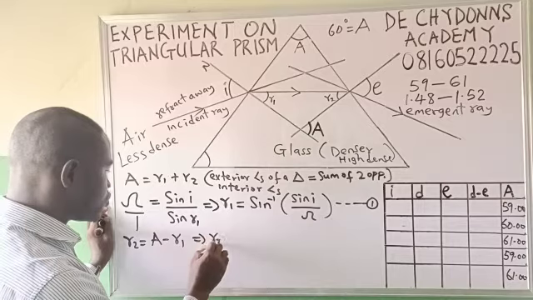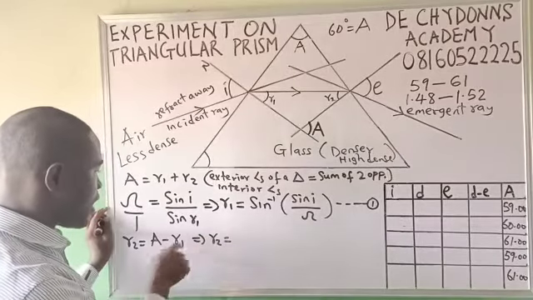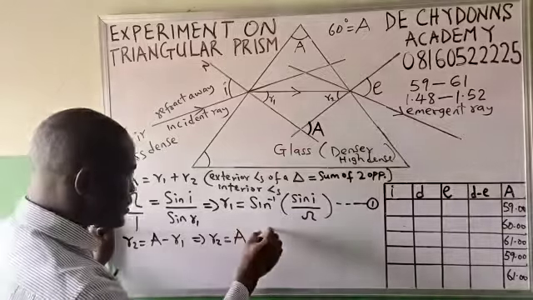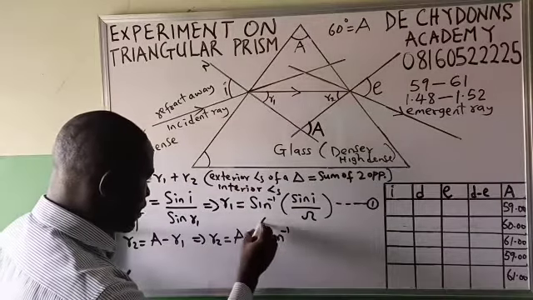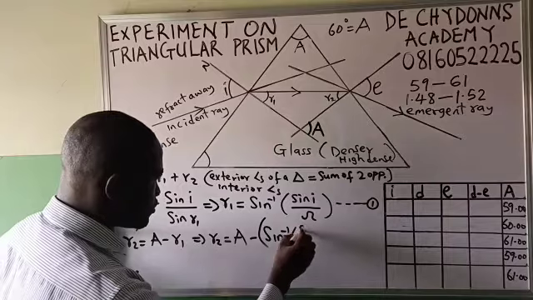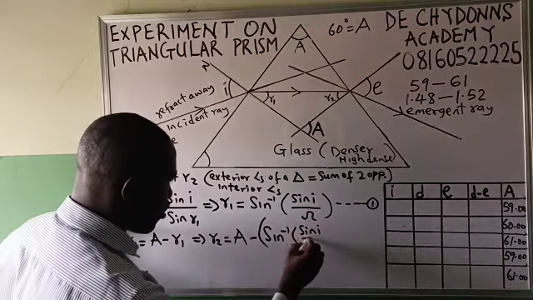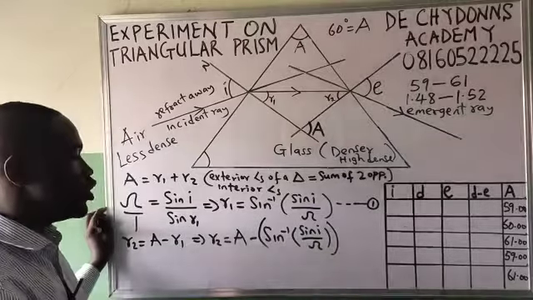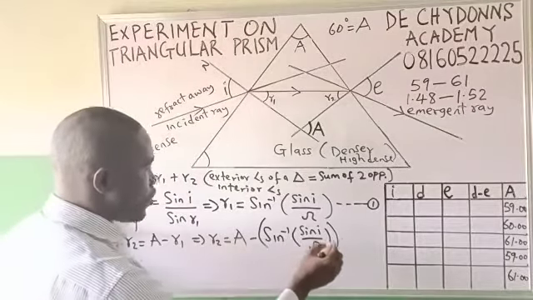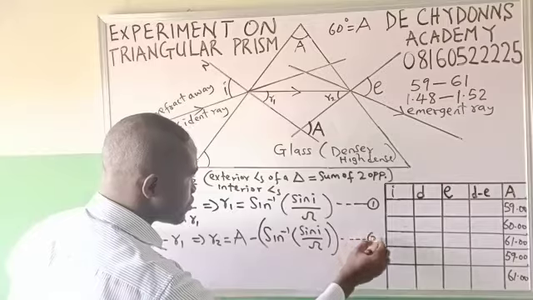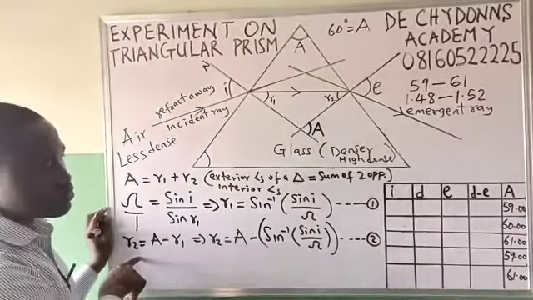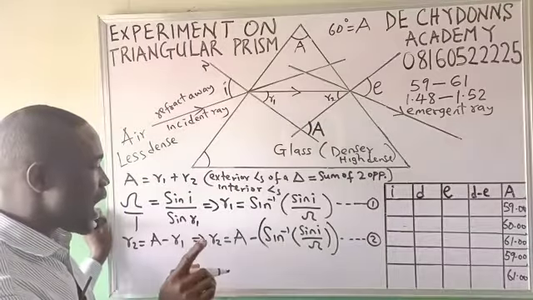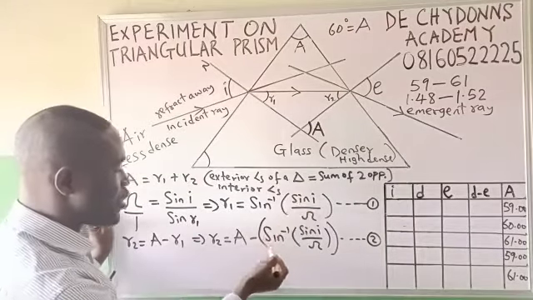It means that R2 is equal to A minus R1, which is sine inverse of sine I all over refractive index. So with this, what will I get? R2. With this formula, I will comfortably get my R2. Whatever I get here, I minus it from A.